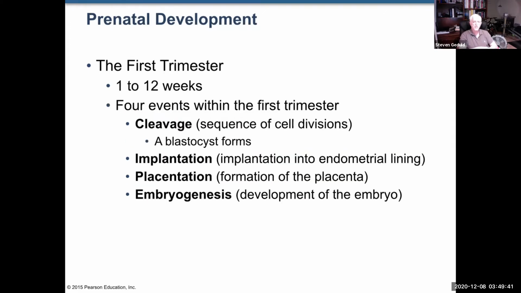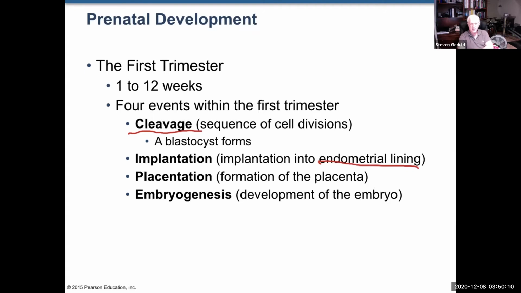So the first trimester, between weeks 1 through 12, has 4 events. You get cleavage, a sequence of cell divisions where the blastocyst forms. The cells start to divide. You get implantation into the endometrial lining of the uterus, the inner functional layer we talked about.